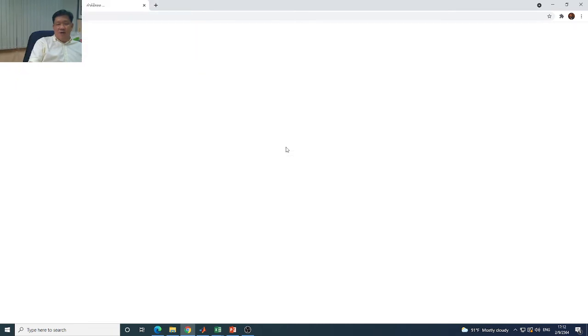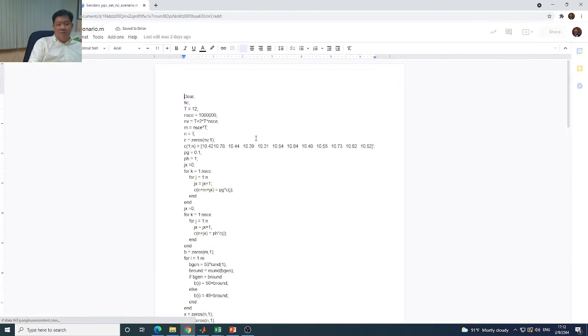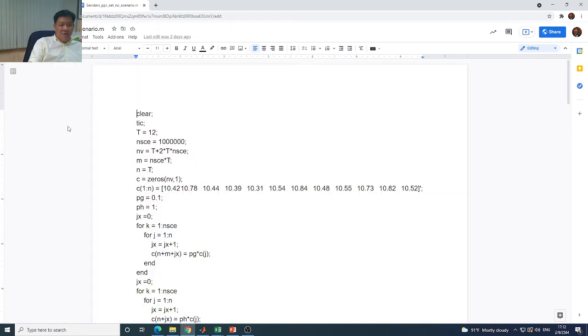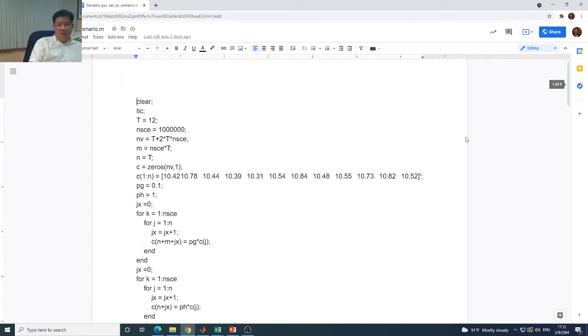I'm going to open this one because it's much better, but this one is in Microsoft Word compatible format. This program is modified from the previous program that read the data input from an Excel file, but this one is just merging.